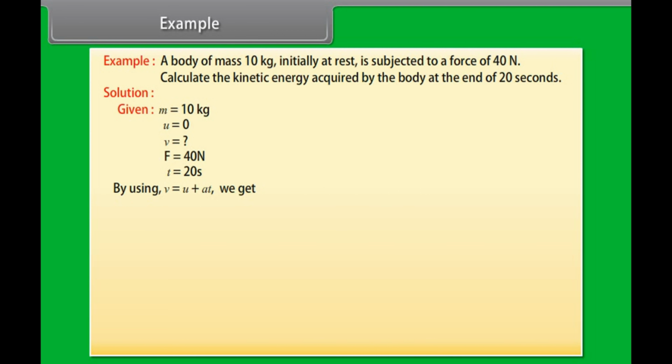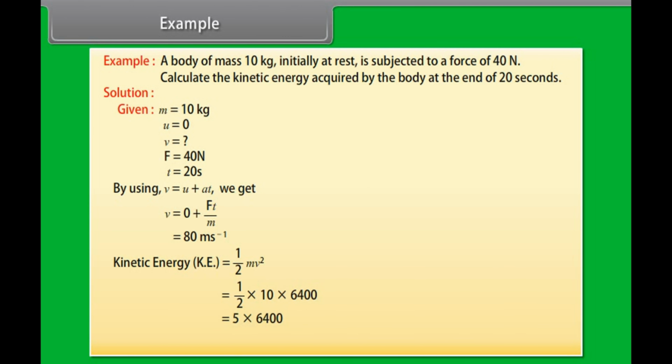By using v = u + at, we get v = 80 meter per second. Kinetic energy = half mv square. On calculating, we get kinetic energy = 32,000 joules.